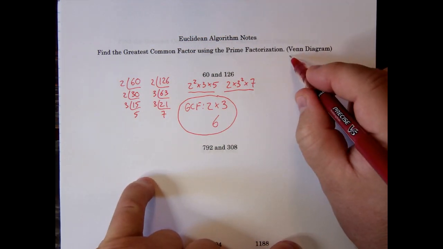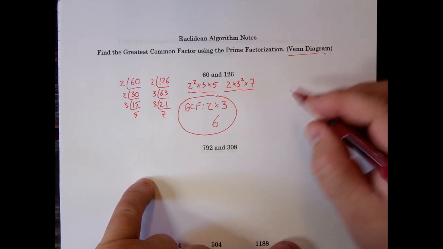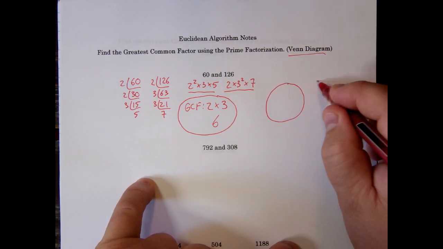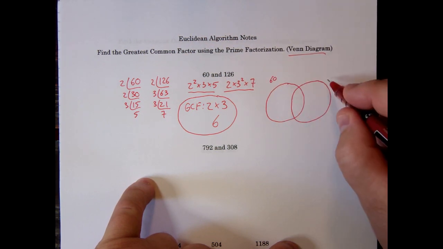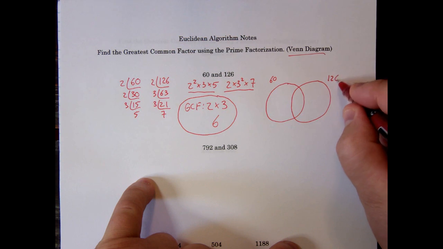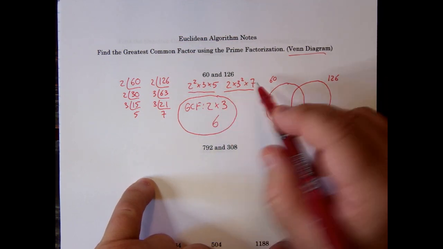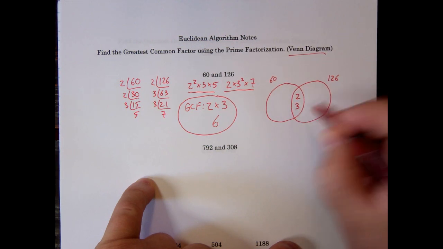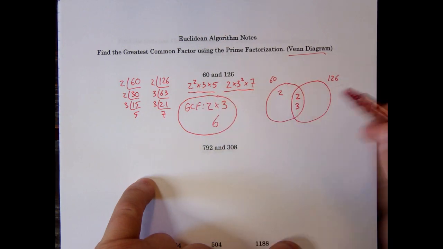Now, here it says Venn diagram. Remember doing Venn diagrams in the earlier units. If you thought about this with a Venn diagram, you have all the prime numbers that make up 60 and all the prime numbers that make up 126. They have a 2 in common, and they have a 3 in common, and then you'd need another 2 to make 60, and a 5.